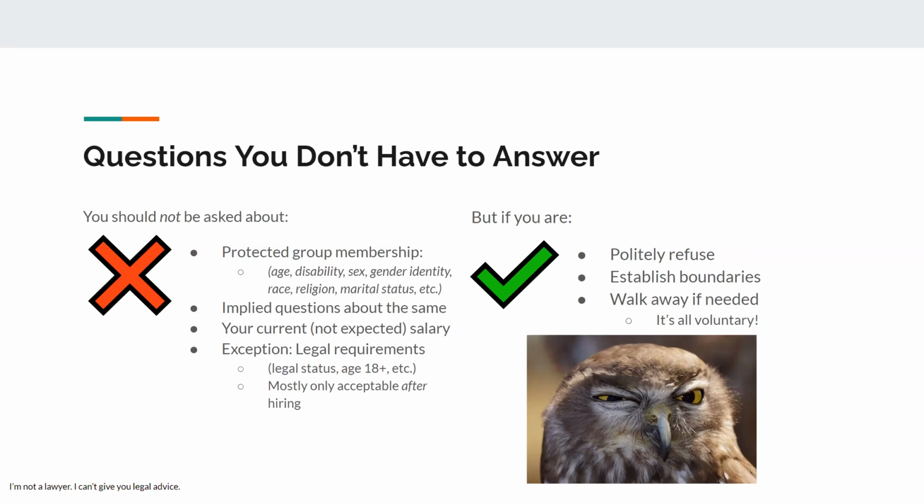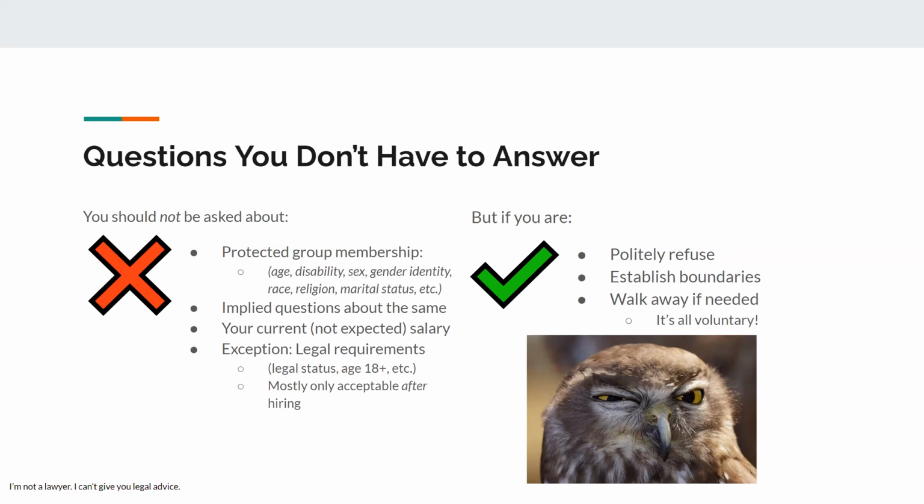Now, I'm not an attorney, can't give you legal advice, and I'm also not HR, so I can't give you HR advice really, except to the extent that this talk is about HR-related topics. But what I can tell you is that there are some things that you should be very aware it's not actually legal in the United States to ask you about. Asking you about membership in a protected group, things like age, disability, sex, gender identity, your race, your religion, your marital status, these are not things that it's legal to ask about.